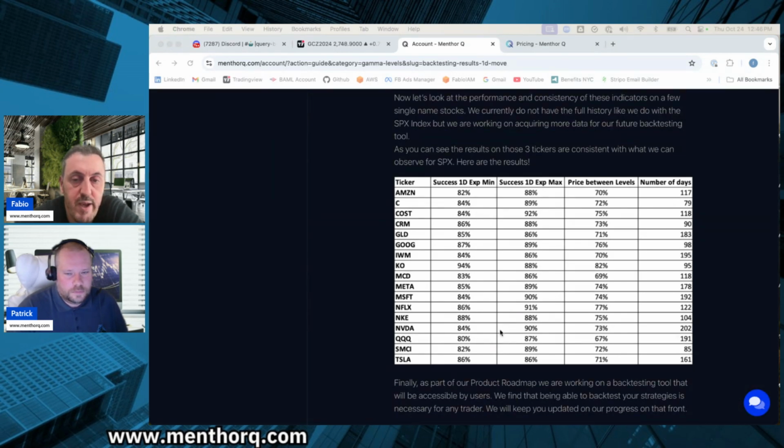For example, if we look at NVIDIA, over 200 days the price closed below the 1-day max in 90% of the cases and closed above the 1-day minimum in 84% of the cases. In the case of Tesla, 86% of the time the next day price action would close below the 1-day max, and 86% above the 1-day minimum.